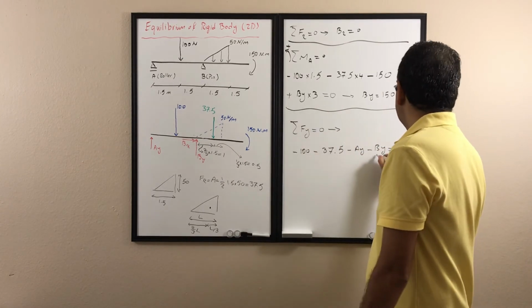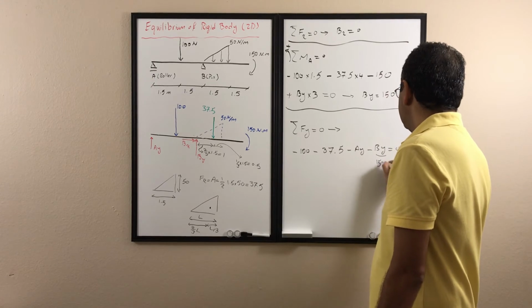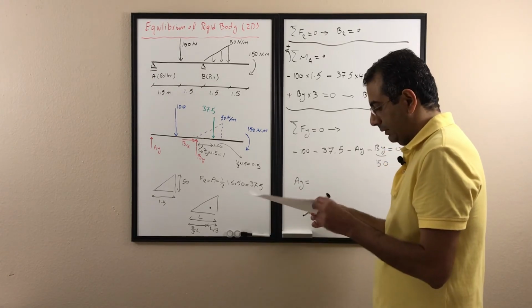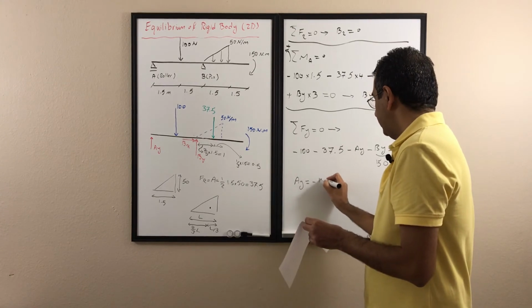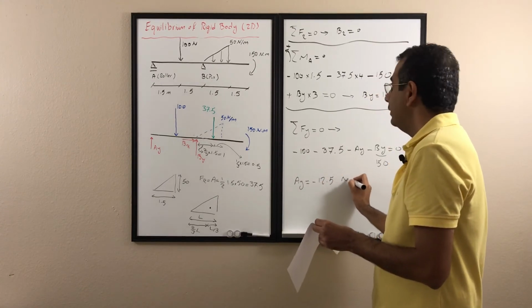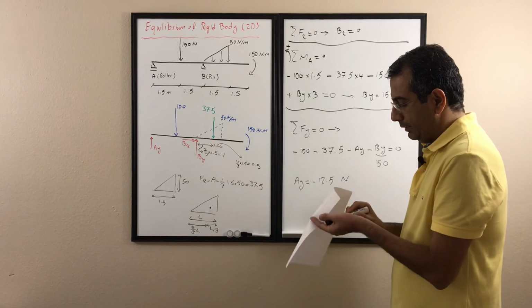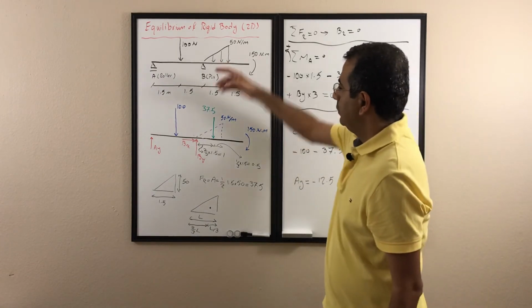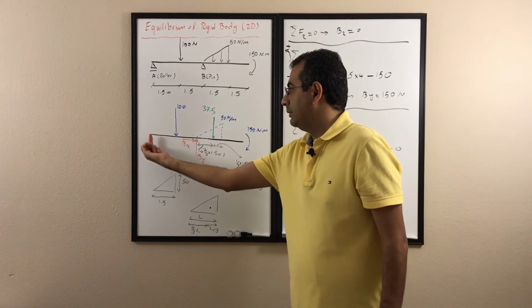And we know the By is 150 Newton. So if we solve it, then the Ay comes out negative 12.5 Newton. The reason it comes out negative is because we assumed the Ay is going upward.